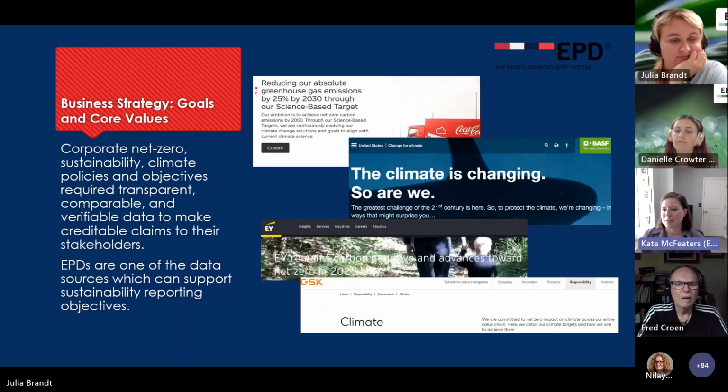But all of these goals and objectives require transparent, comparable, verifiable data in order to be able to make these claims to your stakeholders. And EPDs are, and especially the underlying LCA data, is one of the sources that can support these reporting objectives, because it's hard data that, especially when it's a third-party verified type 3 sort of data, it's very respected data. Next slide, please.